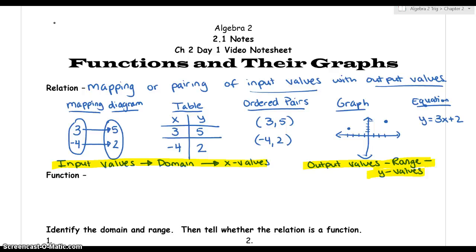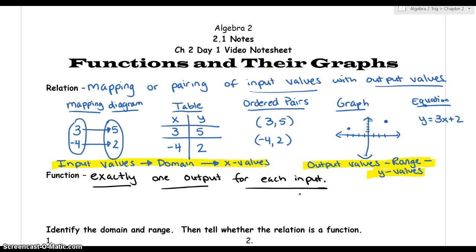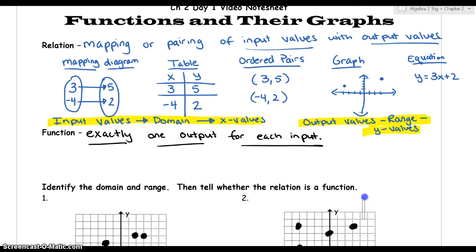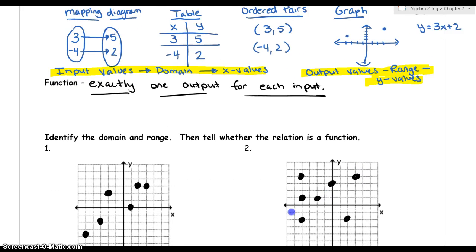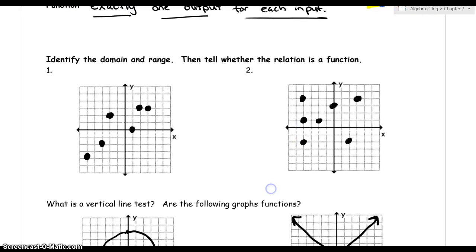So, let's write that down: exactly one output for each input. I'm going to show you what this means as we go through these examples. Let's talk about some of these problems. Let's do number 1 together, and I'll let you work on number 2.